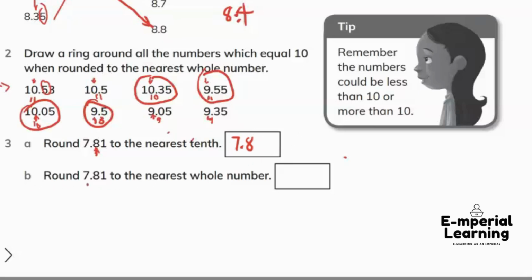B. Round 7.81 to the nearest whole number. The nearest whole number should be 7, and the number to the right of 7 is 8. 8 is a strong number, so that becomes a power of 1 added onto the 7. So we get an 8 as our final answer.